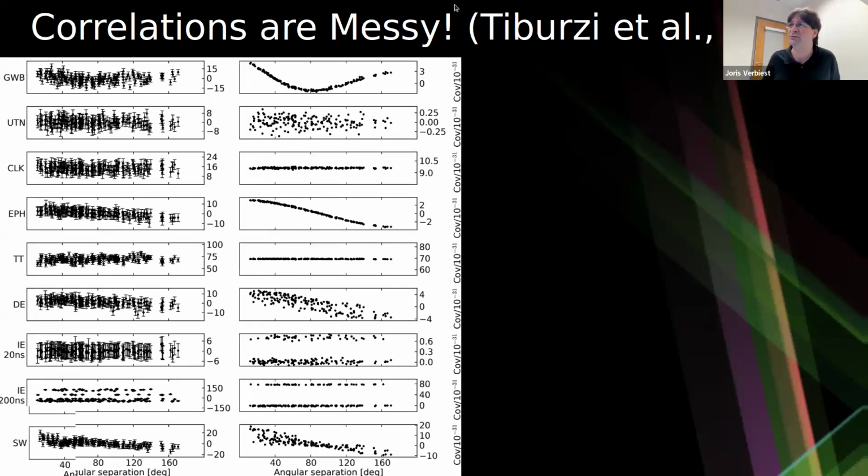This is Tiburzi. She was an Italian PhD student at the time, working with the Parkes pulsar-timing array again back in 2016. And what she did, she looked at various signals that could or could not correlate. So she looked at the gravitational wave background, obviously. This was just random timing noise. This is clock errors, solar system ephemeris errors, a very particular clock error, a very particular example of solar system ephemeris.